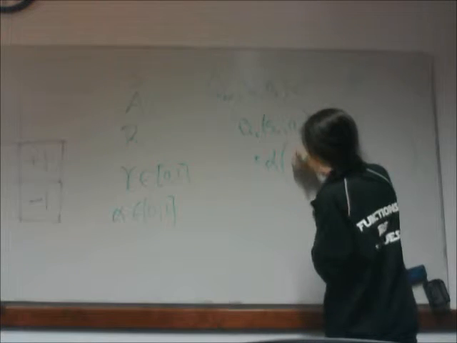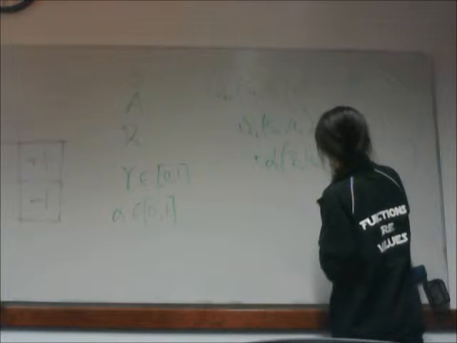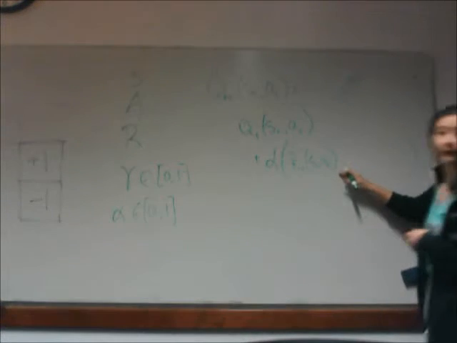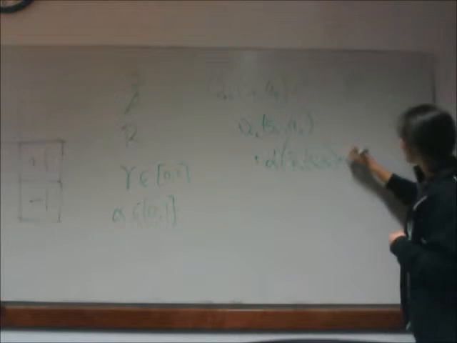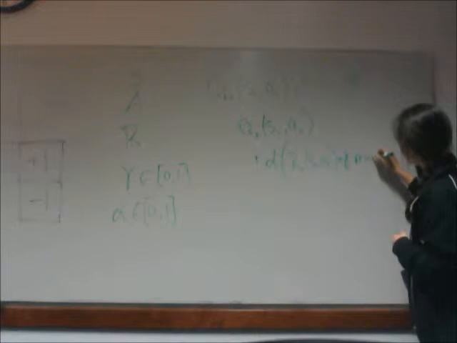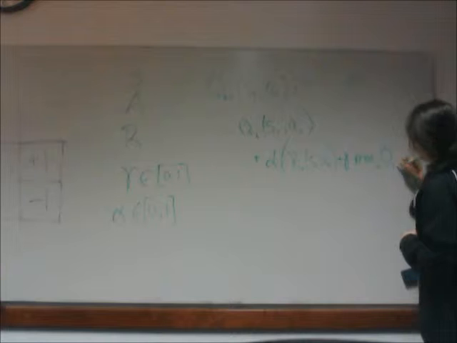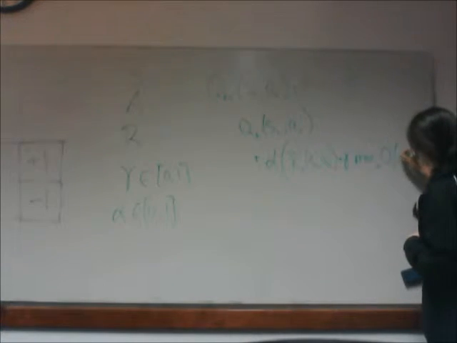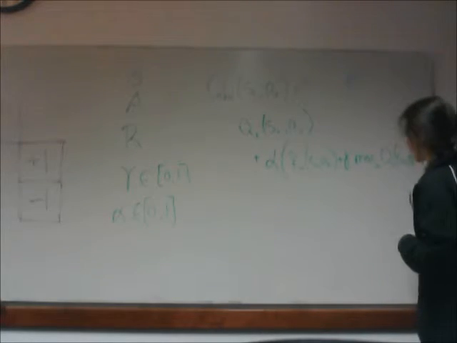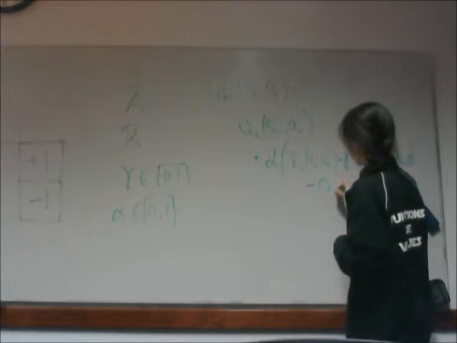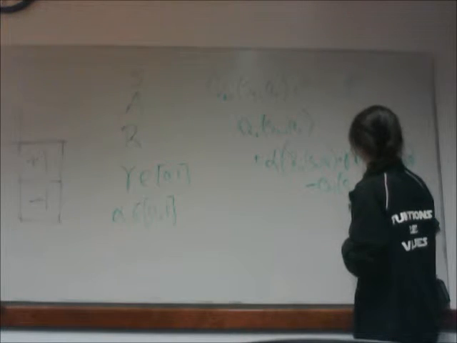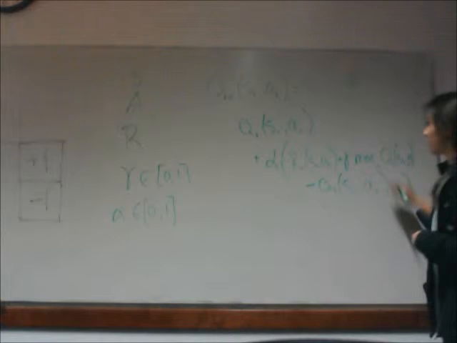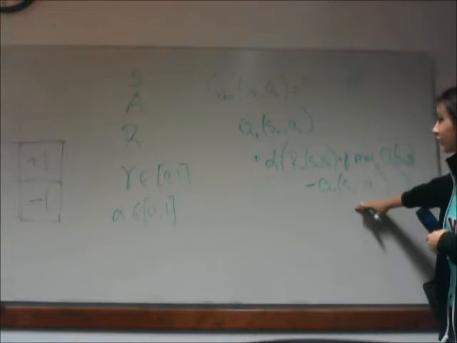This here is going to be the reward that we've gotten plus our discounted max over all of our possible actions of what we had before, and we're going to subtract that from what we knew before to create this change. This is what we've learned.